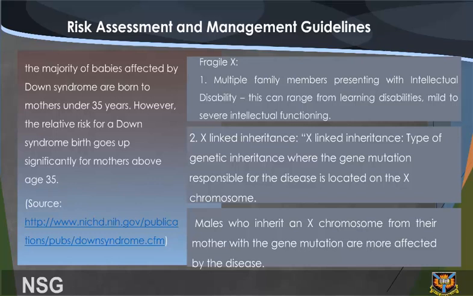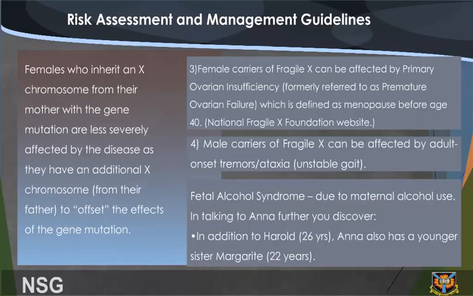Males who inherit an X chromosome from their mother with the gene mutation are more affected by the disease. Females who inherit an X chromosome from their mother with the gene mutation are less severely affected by the disease, as they have an additional X chromosome from their father to offset the effect of the gene mutation.